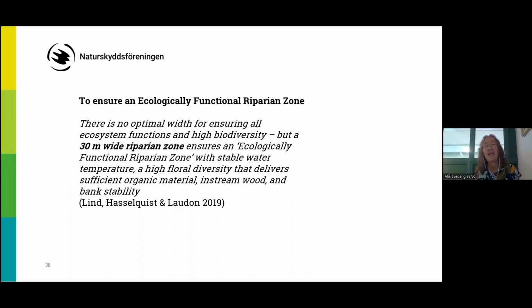So if you can choose 30 meters, it's a really good buffer zone width. But sometimes, of course, you can make it broader, and sometimes you have to make it narrower.